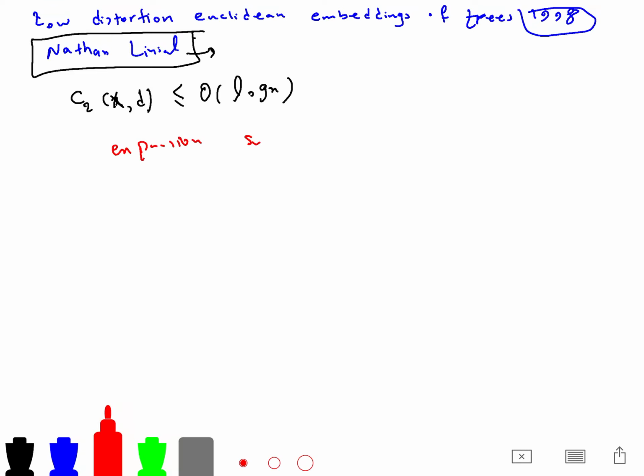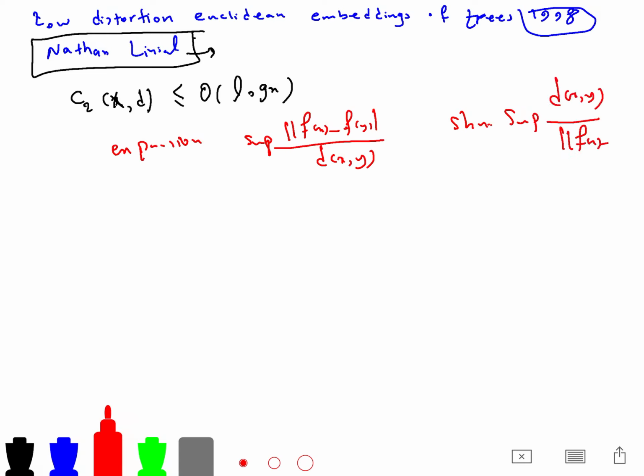Expansion is the supremum of the norm of f of x minus f of y divided by d of x and y, and we have shrinkage as well, which is the opposite: the supremum of d of x and y divided by the norm of f of x minus f of y.